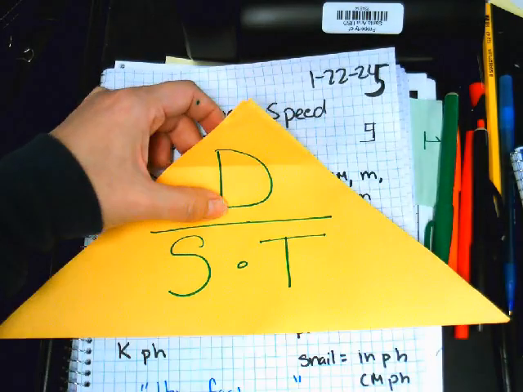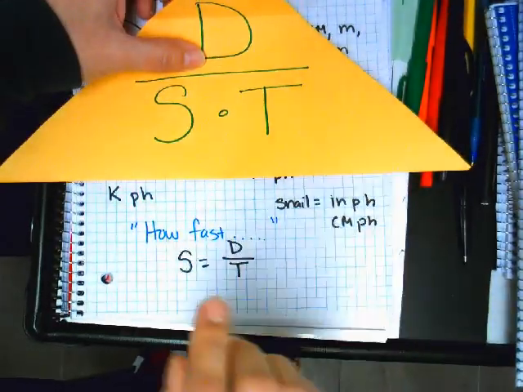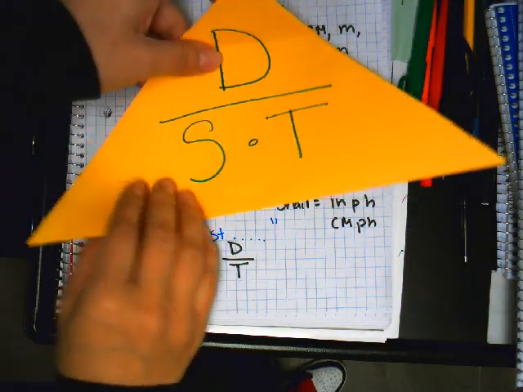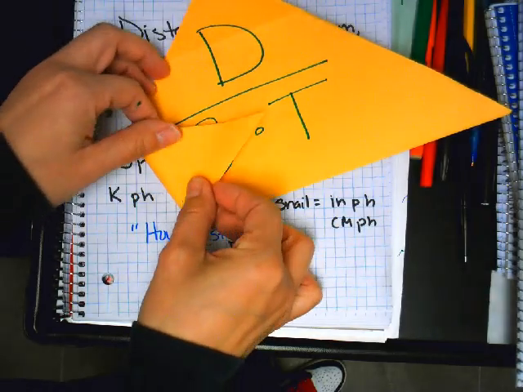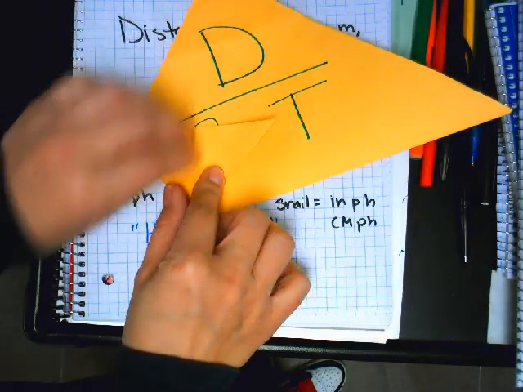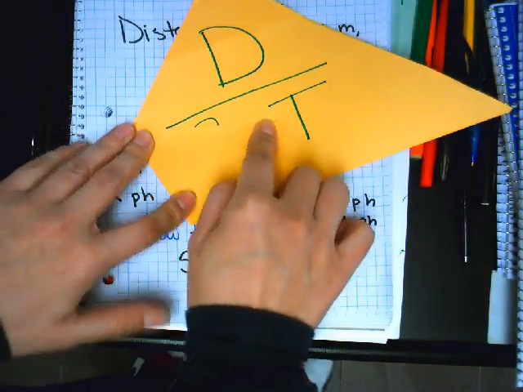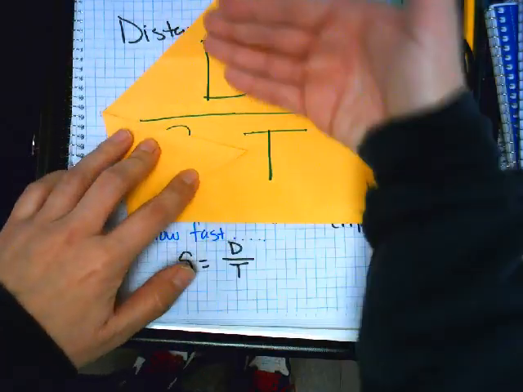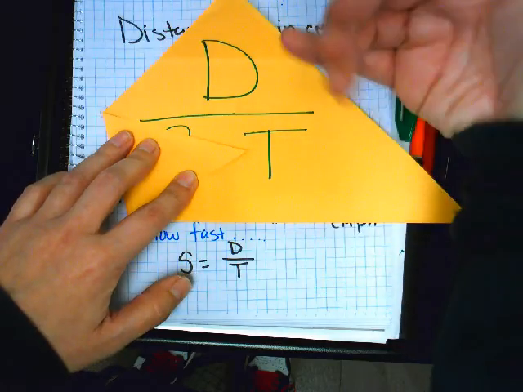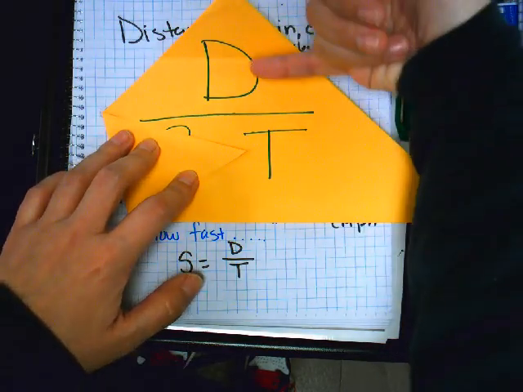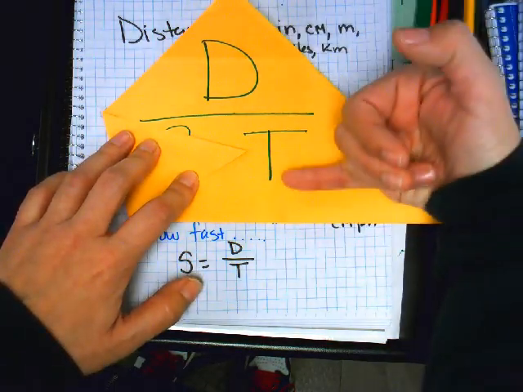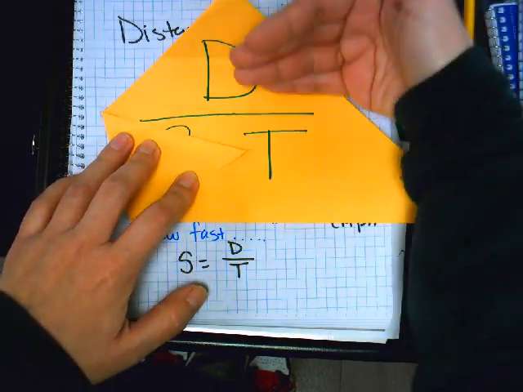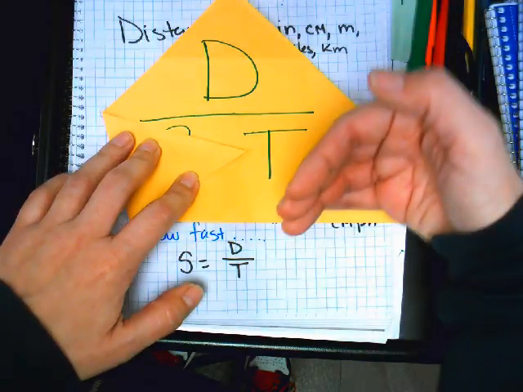What if I want to solve for speed? I cover up the S. What math is shown? Division. Distance divided by time. The distance is on top. So take your distance and divide by your time.